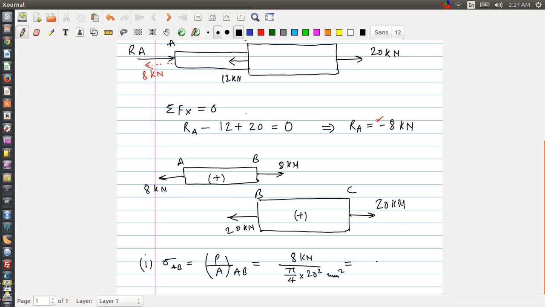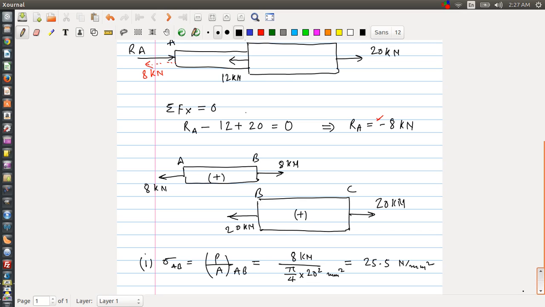So it will give you 25.5 Newton per mm square, and this is nothing but 25.5 megapascals.